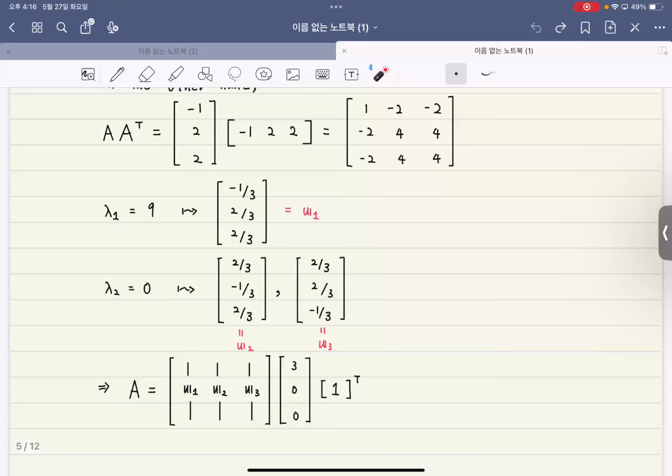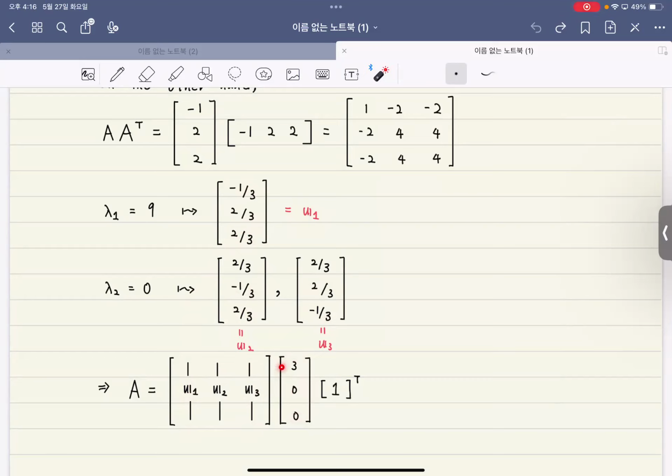Okay, so therefore A sends this vector to here, and this vector to here, and that vector to here. So this is my matrix U, right? And what is my matrix sigma? My almost diagonal matrix sigma is going to be this, right?